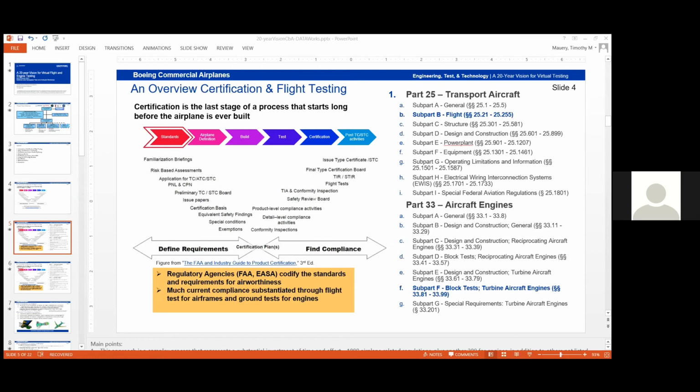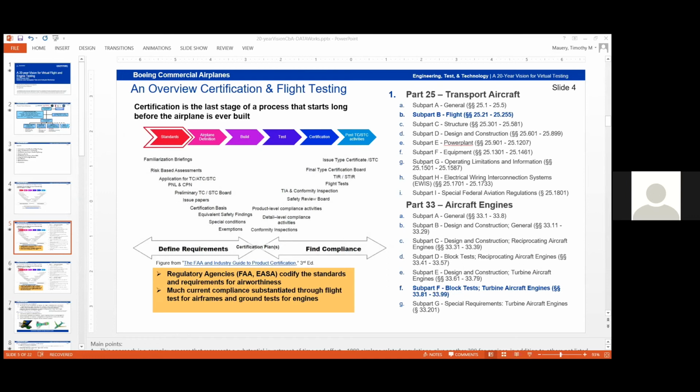And so we narrowed the scope of this project down by focusing on part 25 subpart B, which is flight, and part 33 subpart F, which is aircraft engines block testing.